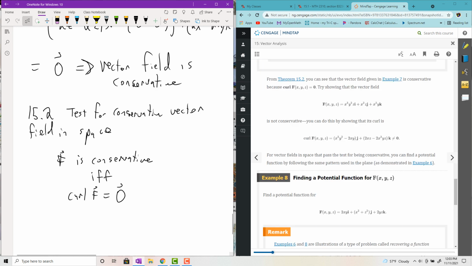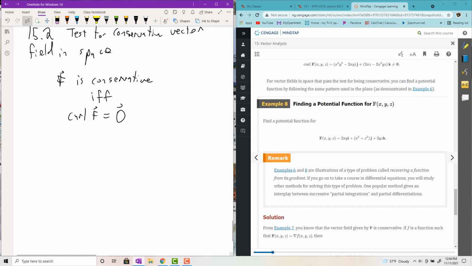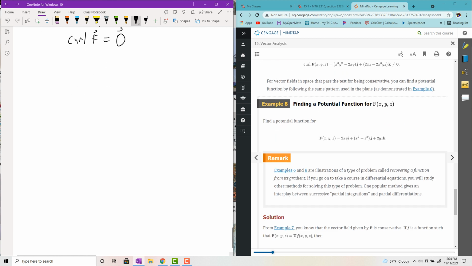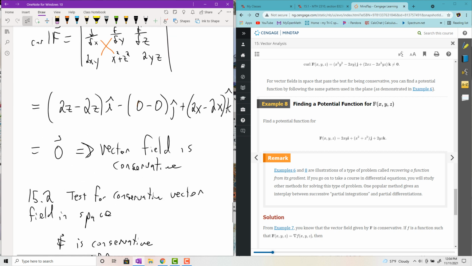And then they're going to have you find a potential function for a space field. In example 8 we have F equal to 2xy, x squared plus z squared, and 2yz. I think that's the same field we were just dealing with, right?